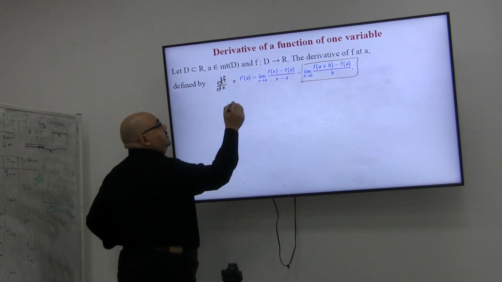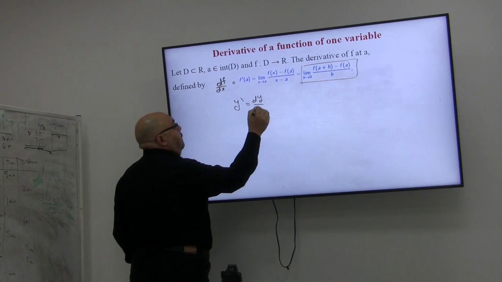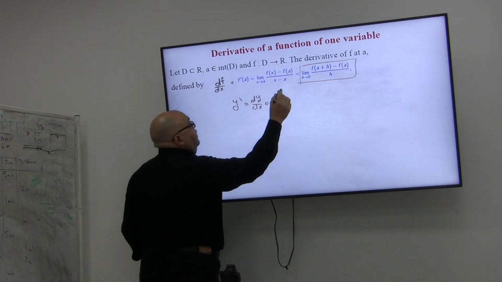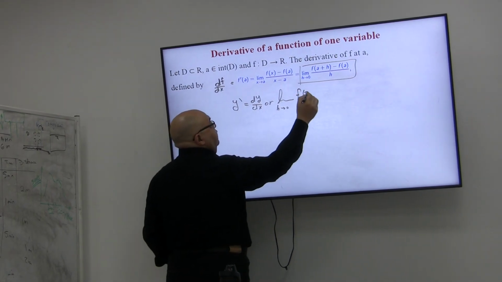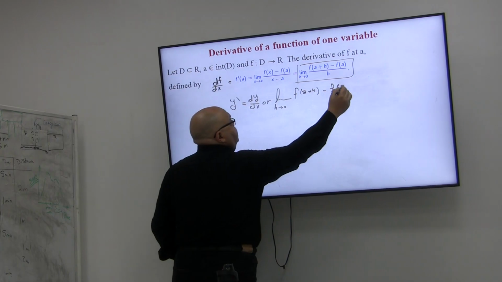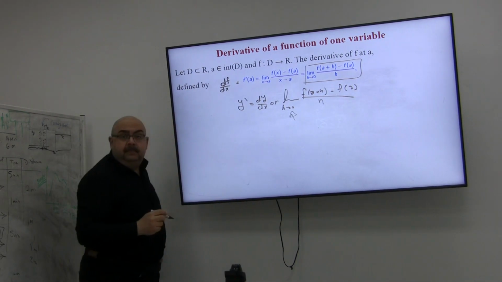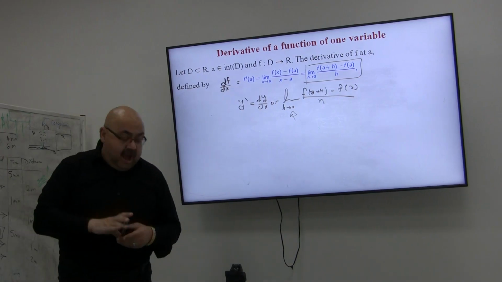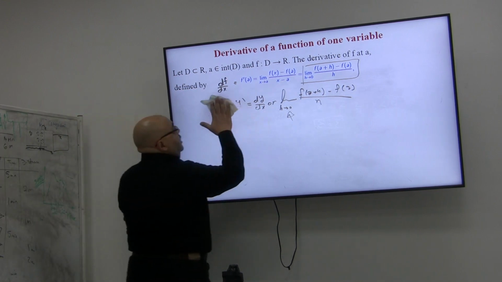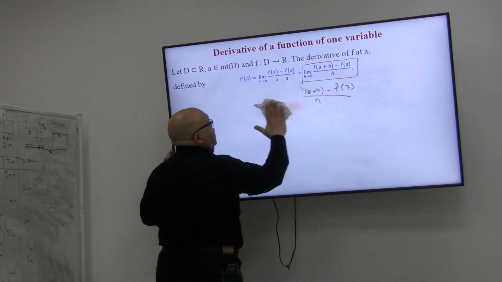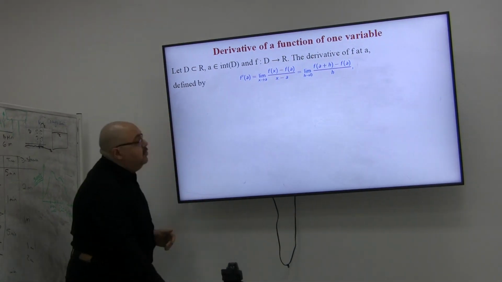So y dash, or dy by dx, is the limit as h tends to 0 of f of a plus h minus f of a over h. If you remark, it's a limit. In a similar manner, I can use the same method in multivariable functions. For now, I know the definition of the derivative in one dimension.